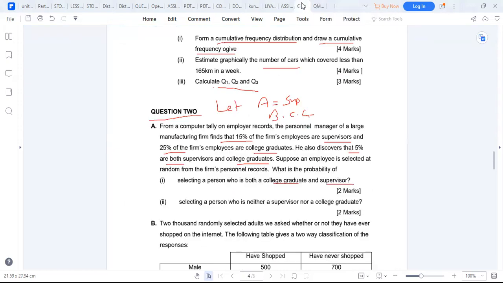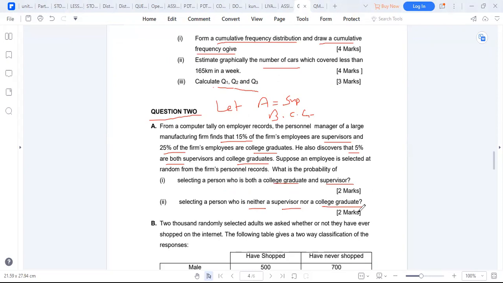Then part B is asking us to find the probability that a person is neither a supervisor nor a college graduate. Neither. In this case, we need to understand a few axioms.